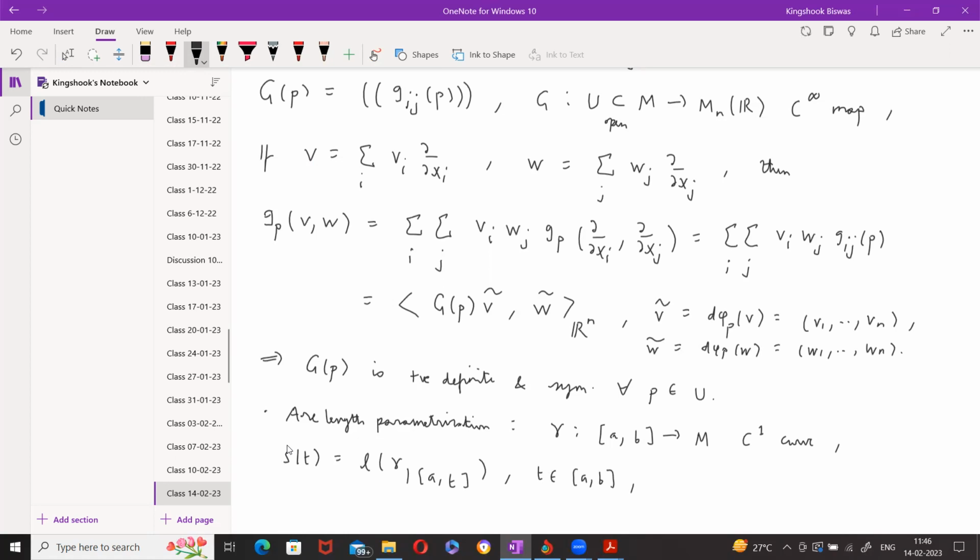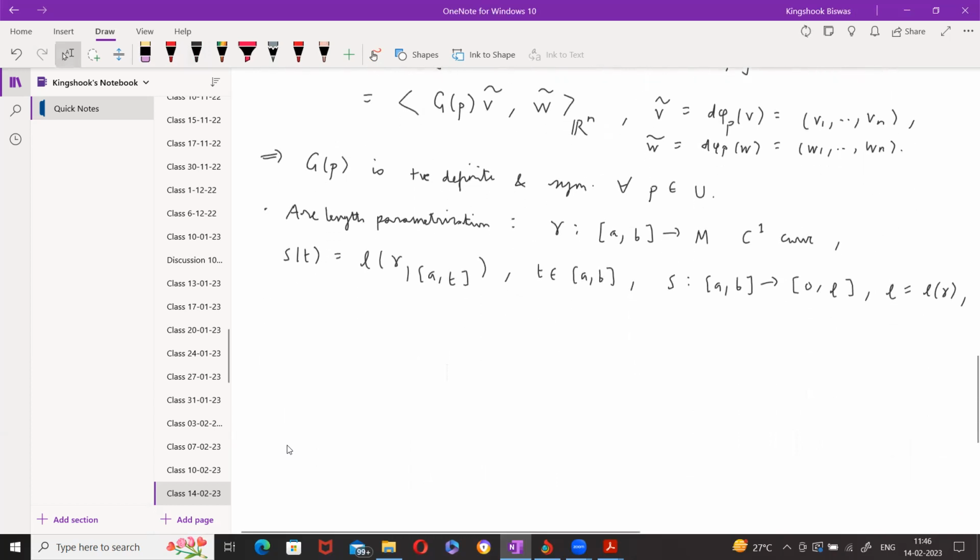Then S maps the interval AB to the interval 0, L, where L is equal to the length of gamma, right? And S is monotone increasing.